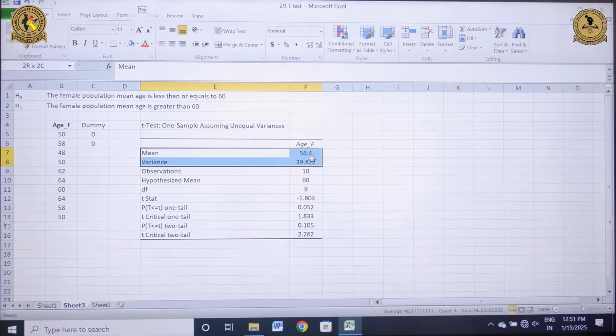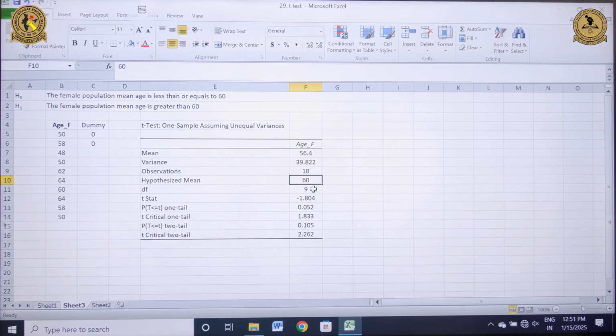So the mean age of the female population is 56.4. However, we need to find out whether it is significantly different or not at a 5% level of significance. 39.822 is my sample variance. Number of observations is 10.